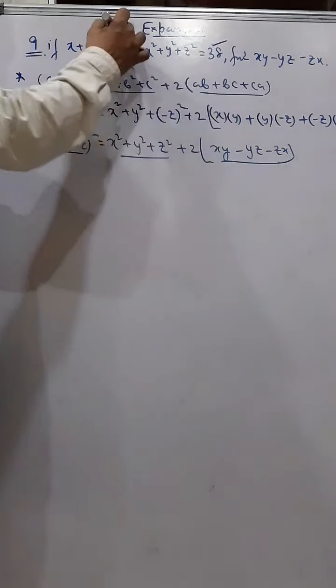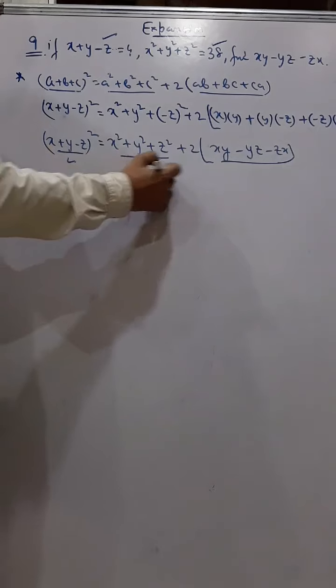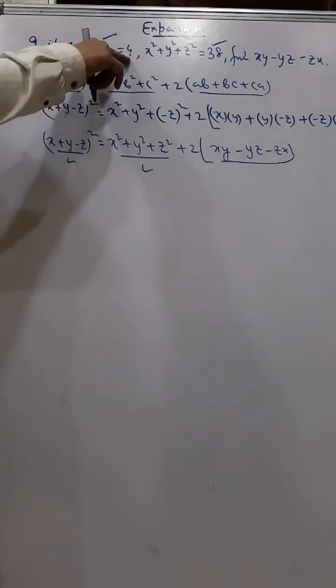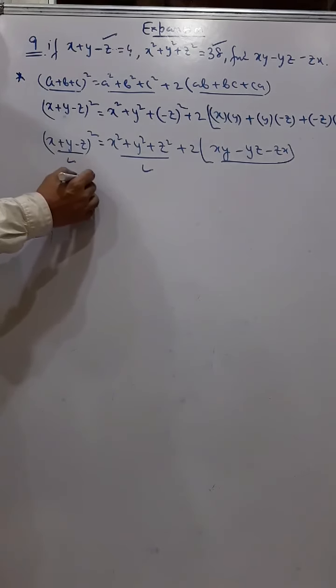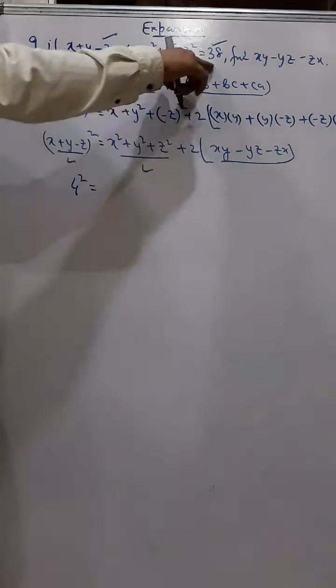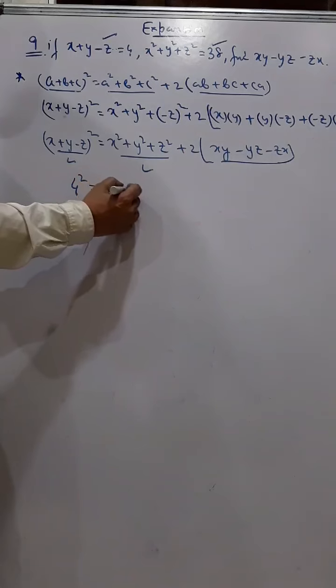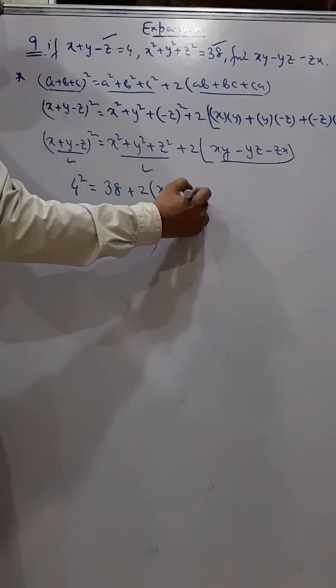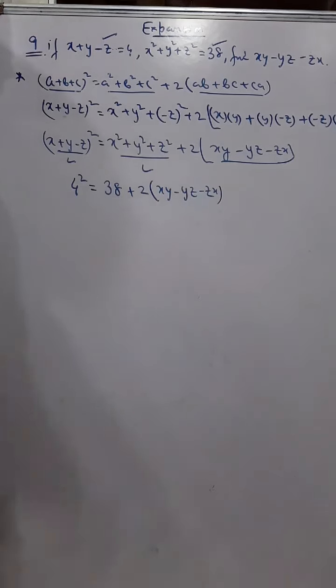Out of these 3 terms, this value and this value is given, you have to find this value. So in place of x plus y minus z, 4, I will write here 4 square, and in this case I will write here 38 and plus 2 into xy minus yz minus zx.